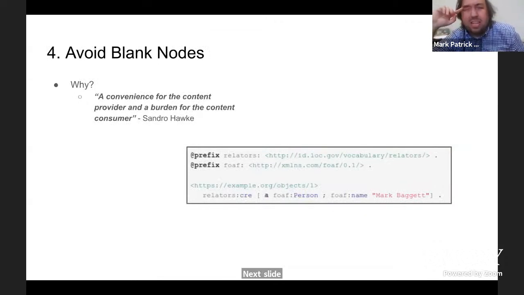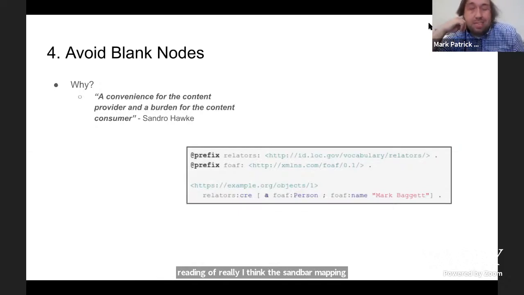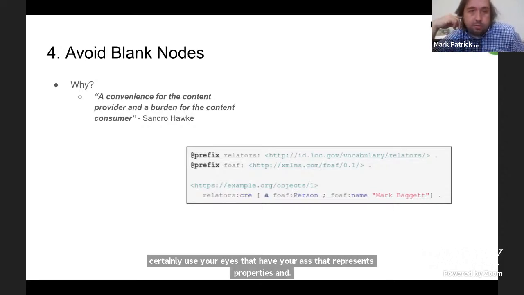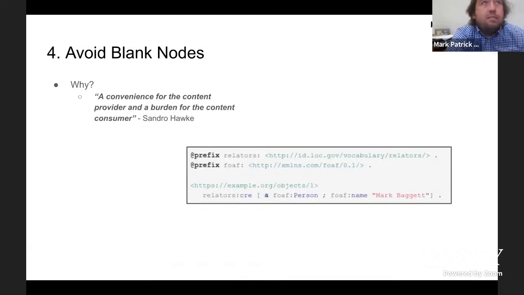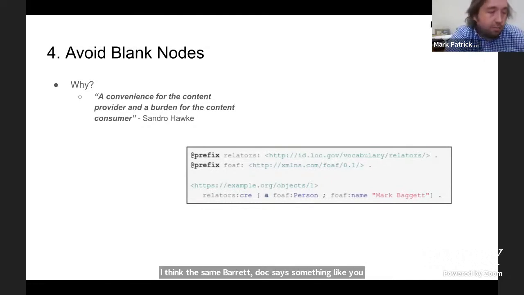Also, this is another thing that came out of our reading of the Samvera mapping specifically, which was to avoid blank nodes. When I say avoid blank nodes, I mean avoid blank nodes as the object of our triple. We certainly use URIs that represent properties and objects that use blank nodes, but we don't want to add blank nodes ourselves. I think the Samvera doc says that blank nodes are hard to implement in certain systems.